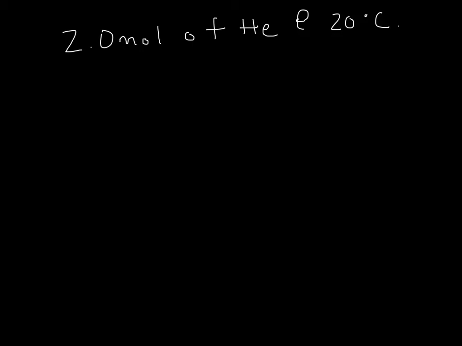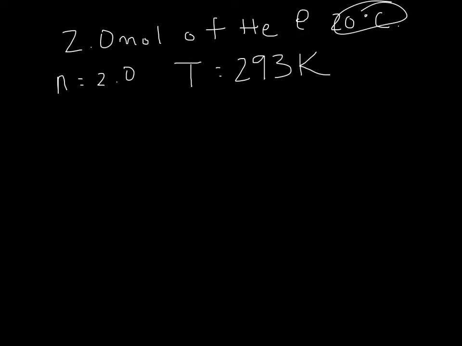So we know that n equals 2.0, and T, because we need to transform that into Kelvin and add 273, is actually 293, because 273 plus 20 gives us 293 Kelvin. All we need to do is plug it into our total energy equation. The total energy is 3 halves times the number of moles times R times T. Remember, R is a constant.